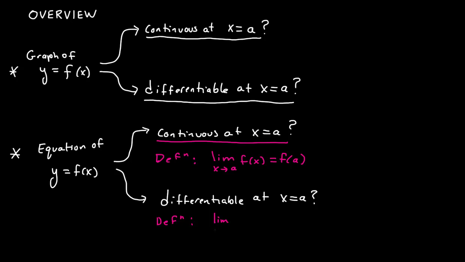So we would be asking, does the limit as h approaches 0, or delta x approaches 0, of f of a plus h minus f of a all over h exist? If the answer is that limit of the difference quotient does exist, then we answer yes, it has a derivative at x equals a, or is differentiable at x equals a.